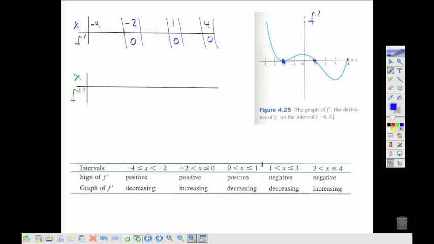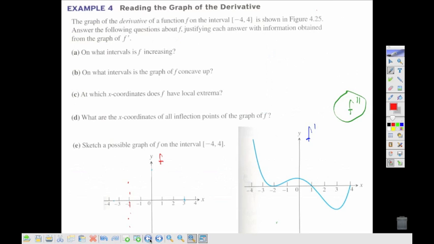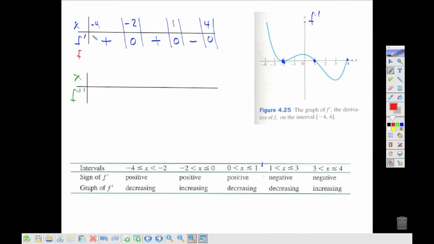Now, since these are all positive, and then from 1 to 4 we're negative, that's telling us that we're increasing everywhere from -4 to 1. Now this does tell us something about our original function f. The question is asking, where are we increasing? Now we might want to say that we're starting at -4 and then we reach a 0 here.